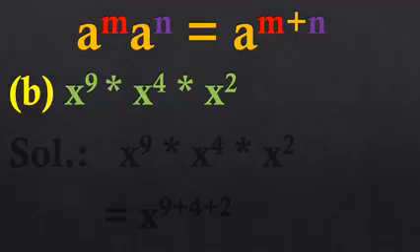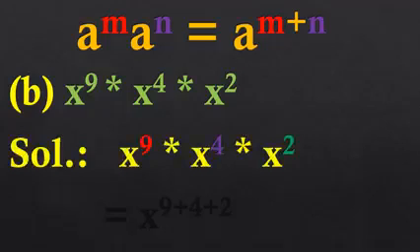Letter B, we have x to the 9th power times x raised to the 4th power times x squared. So again, the rule of the first law of exponent simply states that we copy the common base. In this example, we have the common base of x, so we will copy the x.